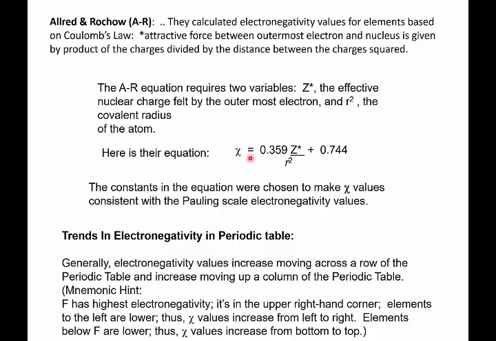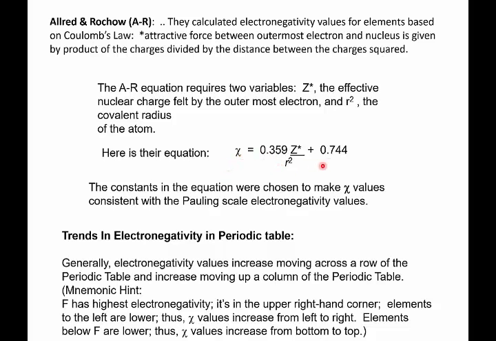The key variables are the effective nuclear charge of the outermost electron, Z star, and the distance between that electron and the nucleus. That's given here as r squared, the square of the distance between basically the electron and the nucleus. Experimentally, that comes from the observed covalent radii for atoms that are involved in bonding.